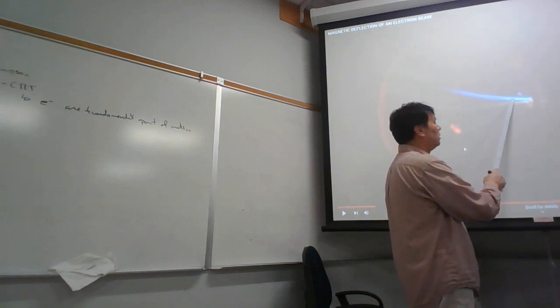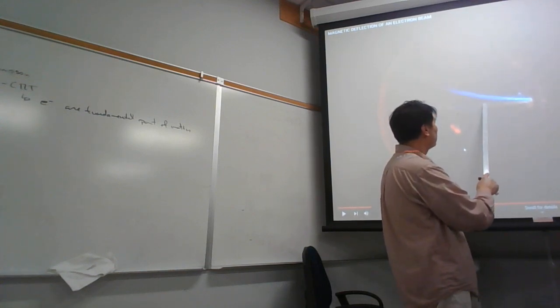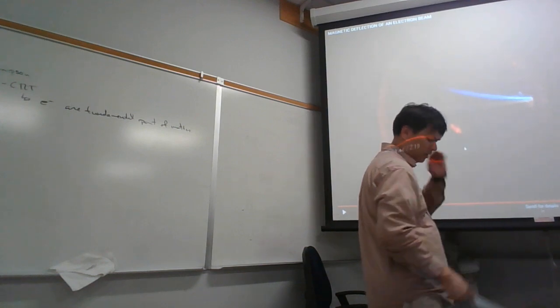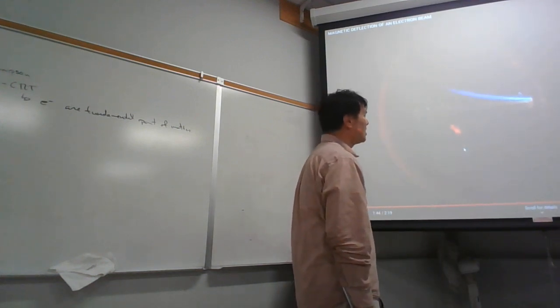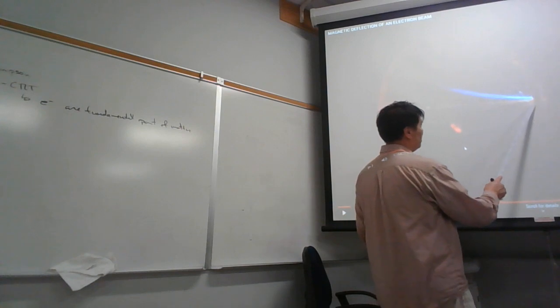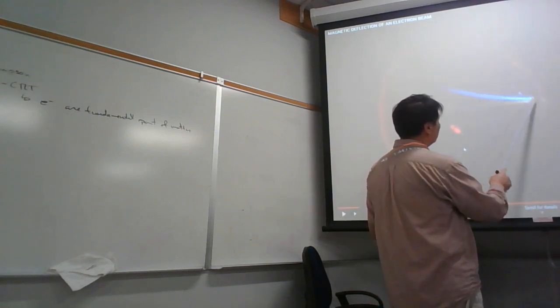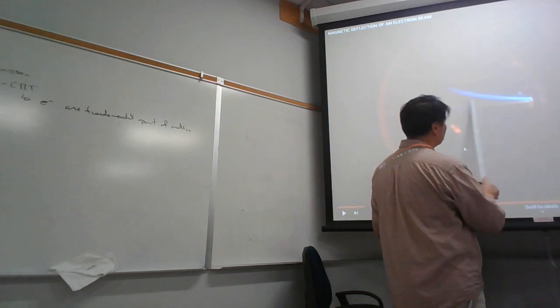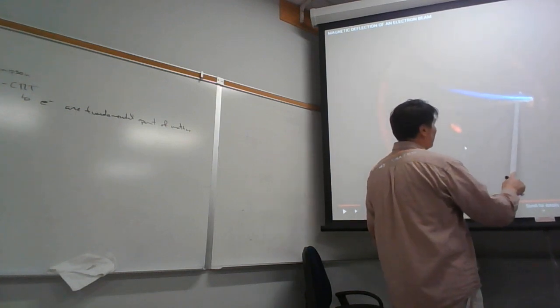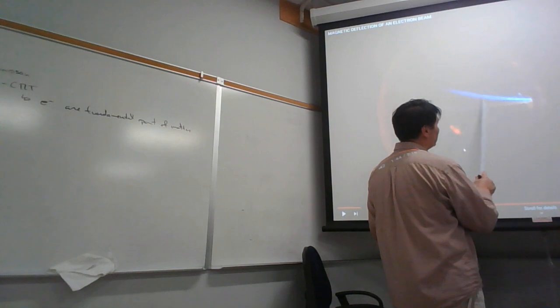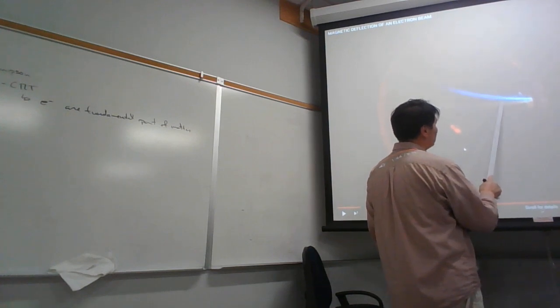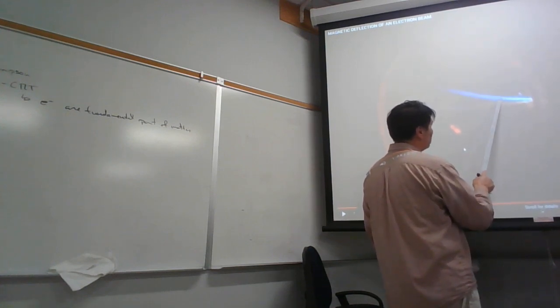No. If there were heavy particles, they weren't deflected much because of their inertia. However, if there are light particles, then they're highly deflected. And so the angle of deflection here depends on how heavy the particle is. The heavier the particle, the smaller. The lighter the particle, the larger the angle of deflection.